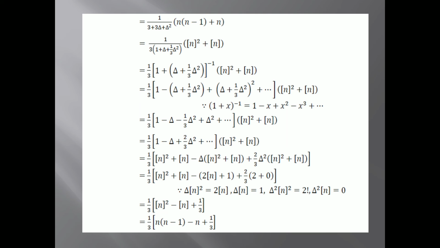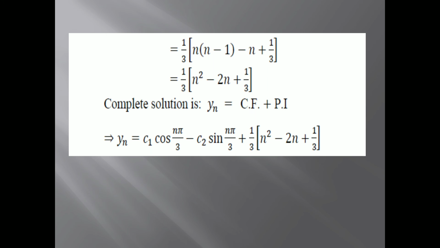By using the expansion of 1 plus x raised to minus 1, that is 1 minus x plus x square minus x cube plus and so on, expand each term from the step 1 upon 3 into 1 plus delta plus 1 upon 3 delta square raised to minus 1. We get 1 upon 3 into n minus 1 minus n plus 1 upon 3.